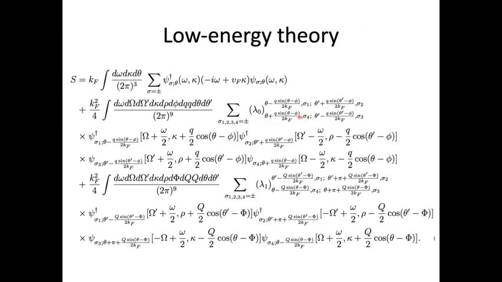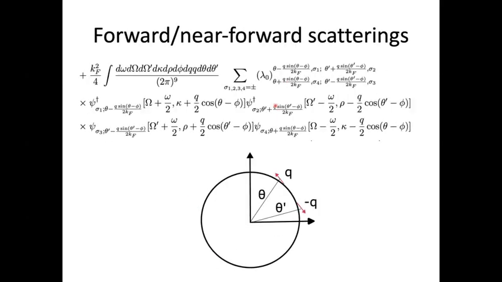But here there are 2 extra parameters, because Q, the momentum transfer, is non-zero, and its magnitude and also the angle of Q are additional parameters. So we need to specify theta, theta prime, the magnitude of Q and the angle of Q, which is denoted by phi. Alternatively, you can just specify the angles of the 2 incoming fermions and 2 outgoing fermions. In this sense, coupling functions are functions of 4 angles.